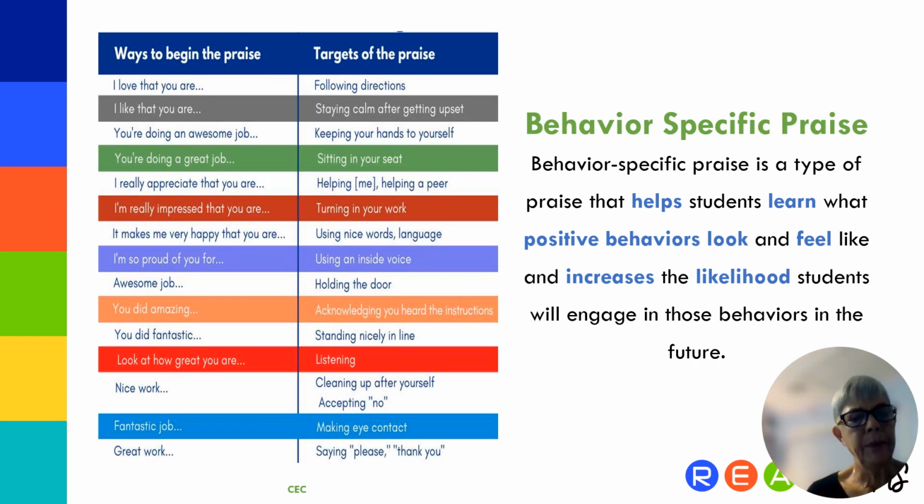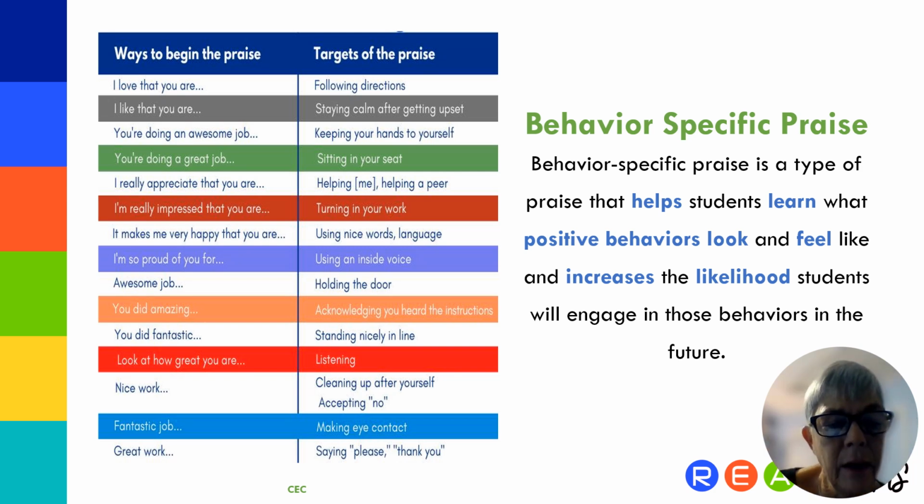It's a little bit about that behavior-specific praise that I was talking about at the beginning of the last slide. It really helps the student learn what positive behaviors look like and feel like. It increases the likelihood that the student is going to engage in those behaviors again in the future. So, like I said, we want to make sure that we're being really precise about the description of the behavior that we're reinforcing.